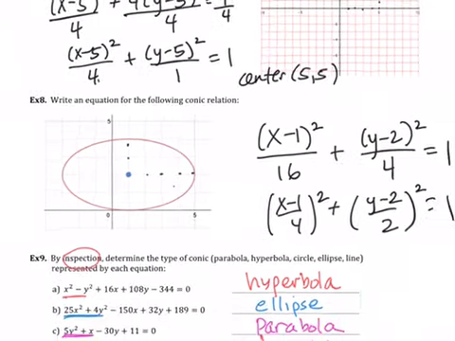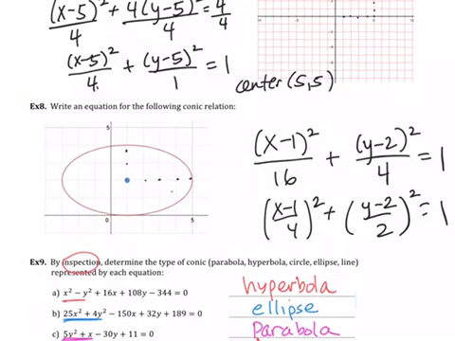What is it going to be by inspection? If it has an x squared and a y squared, then it has to be a circle or a hyperbola or an ellipse. If you have a positive x squared and a negative y squared, or one's positive and one's negative, it must be a hyperbola.